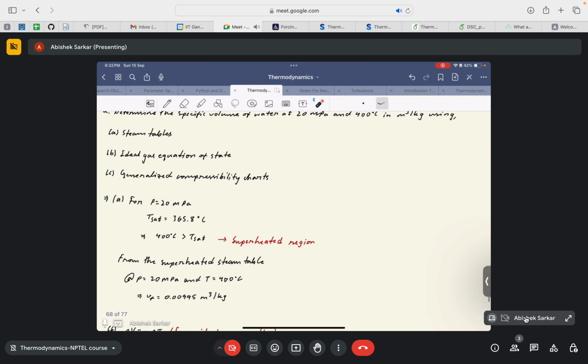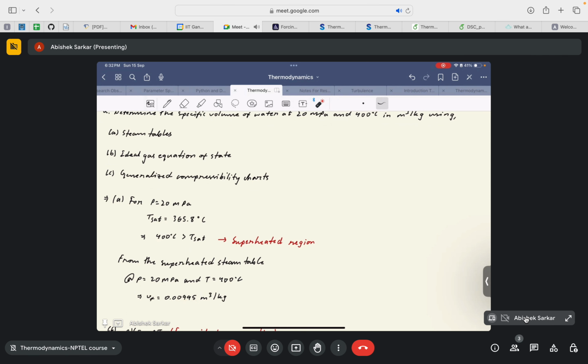Thus we need to go to the superheated steam table to find the corresponding thermodynamic properties. For P equal to 20 megapascal and T equal to 400 degrees Celsius, the specific volume, small v, is 0.00995 meter cube per kg.